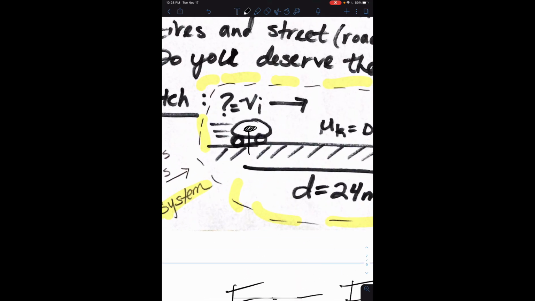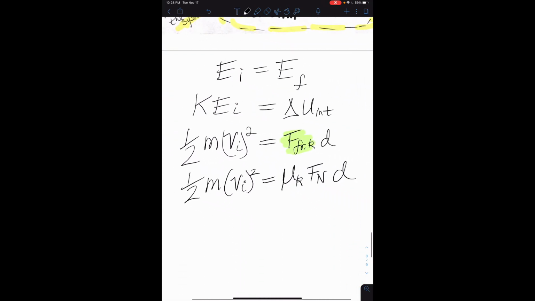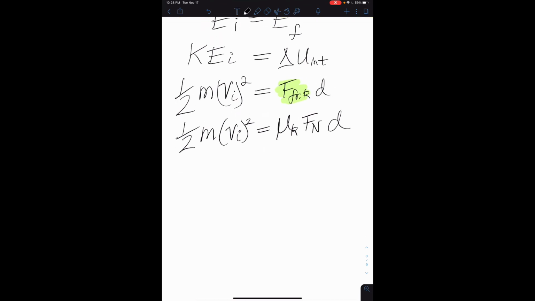Just go ahead and draw this in really quick. And it has a reactionary force from the surface that pushes up on the car called force normal. So force normal in this case on a flat surface is just equal to force gravity, right? So coming back to here, we can then say that Fn is mg.